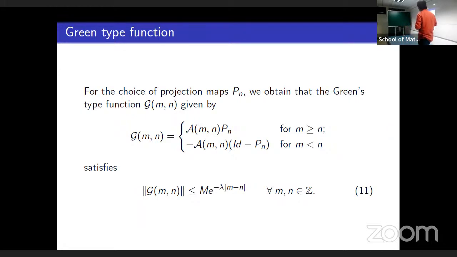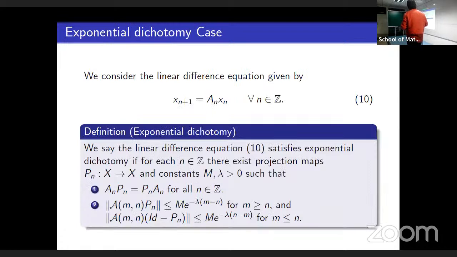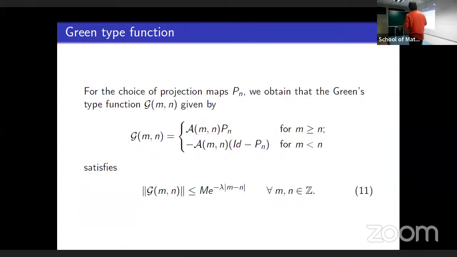Here, PNs are projection maps, and identity minus P is again a projection map. One thing to notice, since this equation is satisfying exponential dichotomy, therefore these terms have exponential bounds. So if we calculate them, we find out that the norm of script G operator is less than or equal to M e raised to minus lambda times (m minus n). So we have a bound for our script G operator in that case.